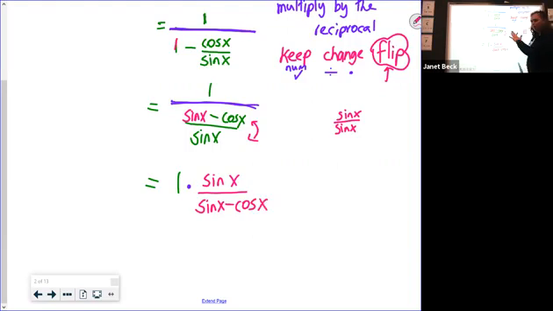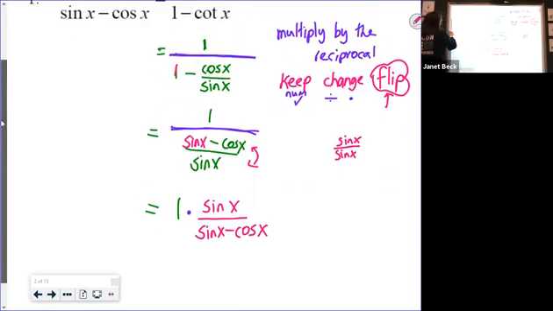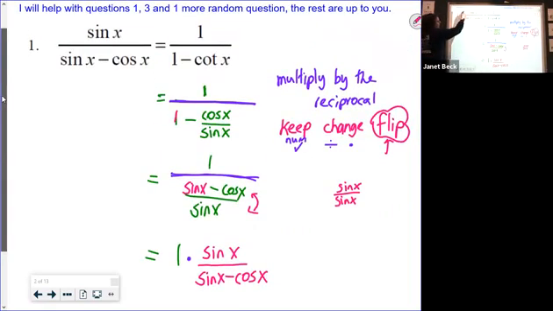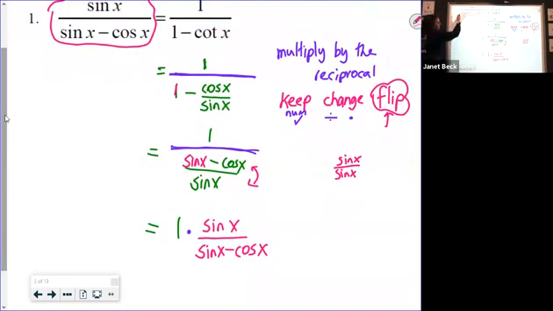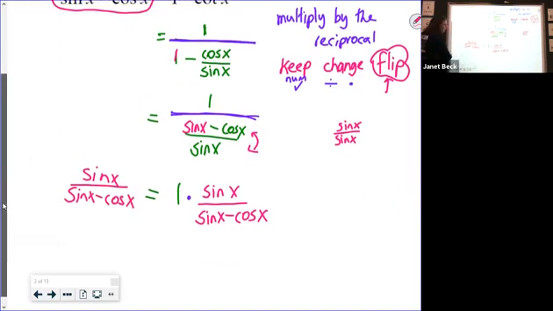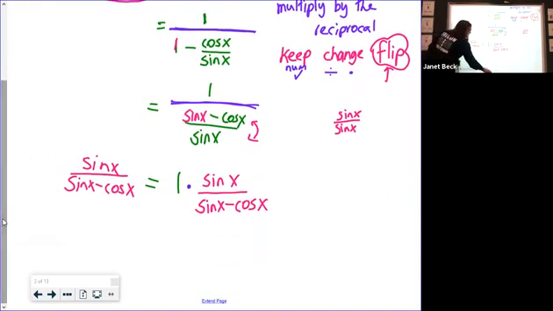Then, remember, we're trying to prove that this side is the same as the other side. So go back and have a look. And can you see we were there? That's what we had to reach. So write out your identical twins. This side, the whole way down, has been sine of x over sine of x minus cos of x. Now, I know they're not absolutely identically written at the moment, but I hope you know math well enough to know that 1 times something means it's the same thing.